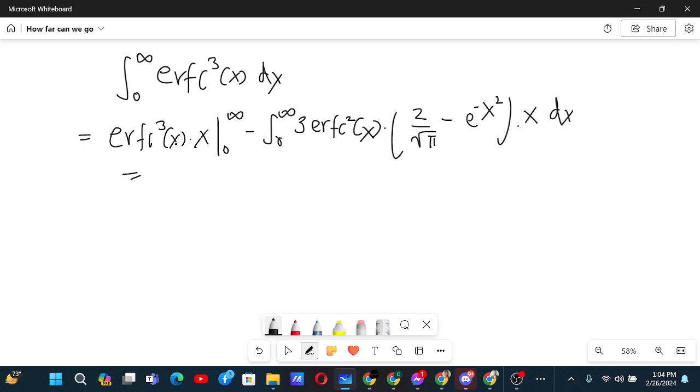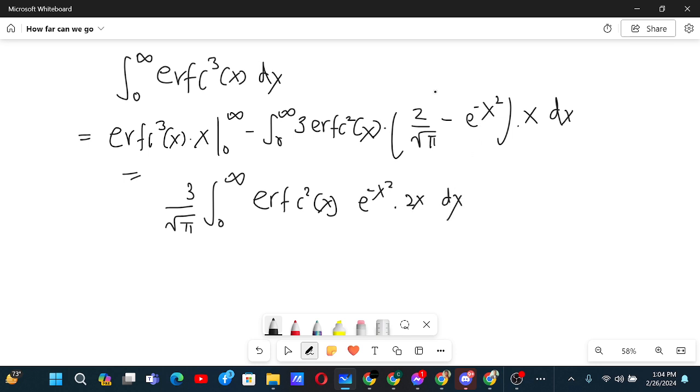Now this is just 0 minus 0, we all know that, and this minus sign comes out. Integral from 0 to infinity, now this is 3 by root pi and then erfc square x, and then e to the power minus x square 2x dx.